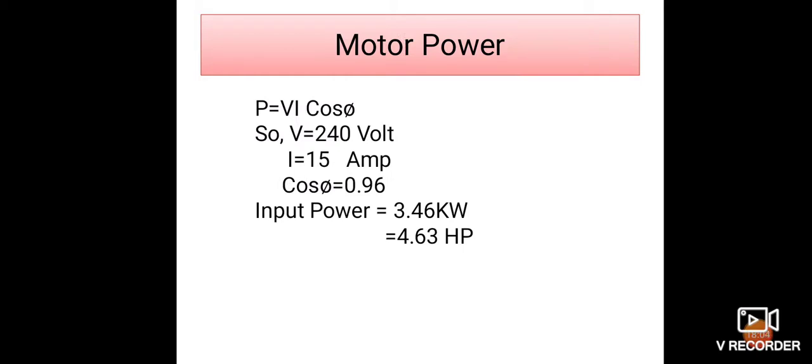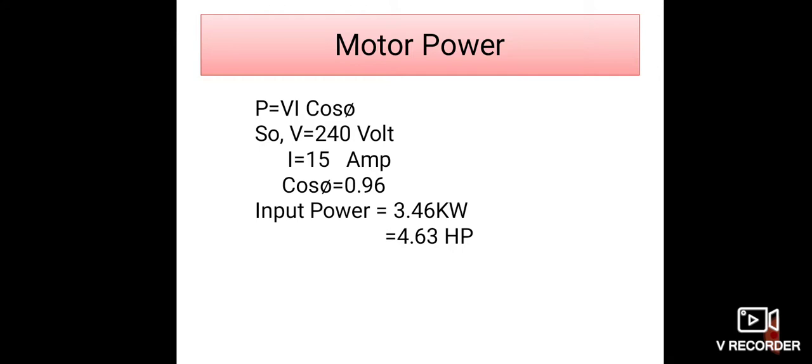Then we talk about the motor power. From the design data handbook, we get the power formula. This is the electrical part. Using Ohm's law, we get P equal to V I cos phi, where cos phi is the power factor.